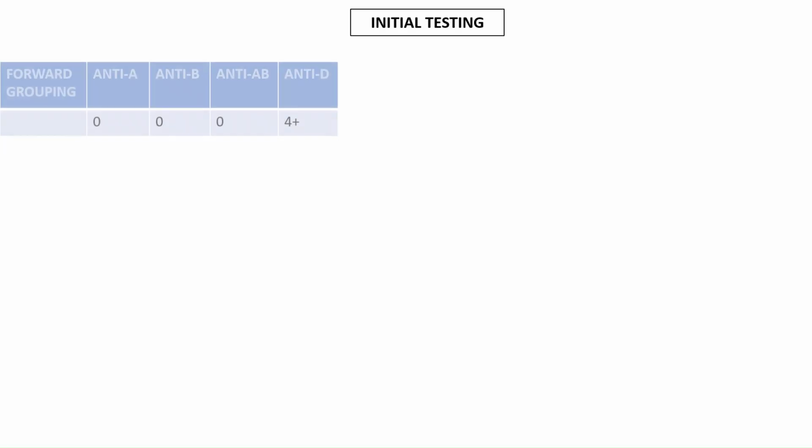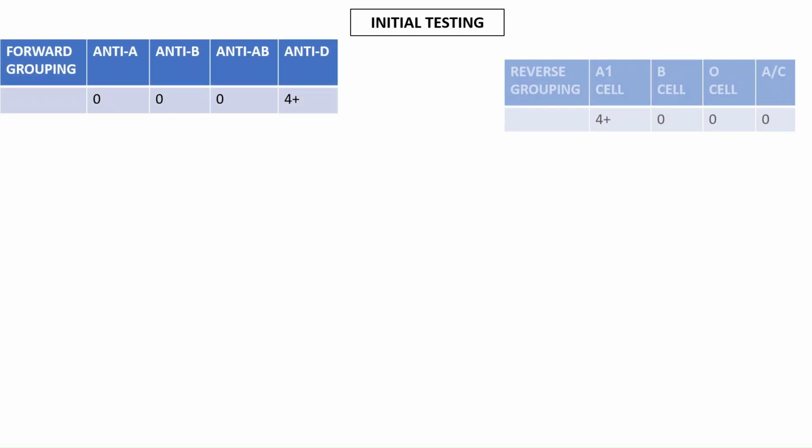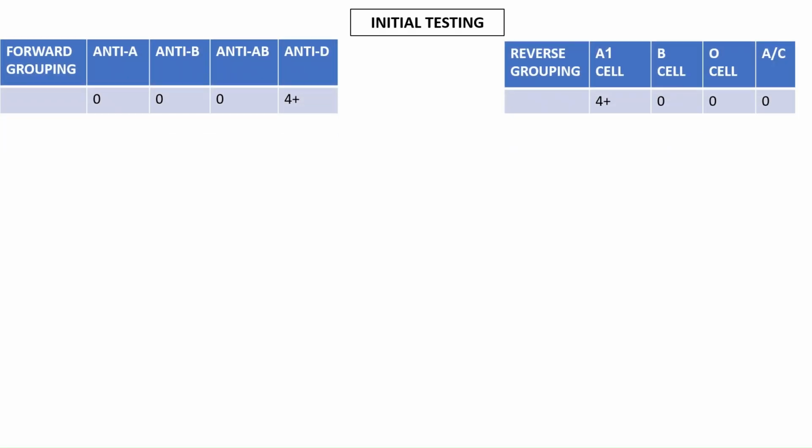So coming to an overview of the entire procedure which was discussed, we'll have a brief summary. As we received the sample of the patient, we saw that the forward grouping showed group O, RhD positive, whereas in the reverse we got a reaction with A1 cell suggesting group B. So the forward was O and the reverse was B, which led to a group discrepancy.